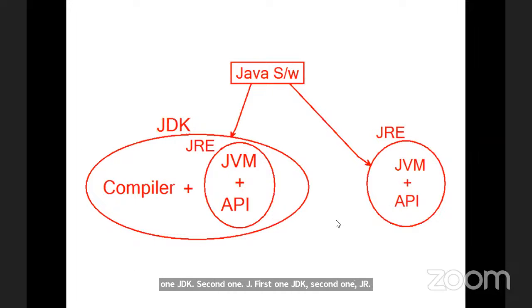What is the full form of JDK? On the side, write in brackets: Java Development Kit. JRE, in brackets: Java Runtime Environment.